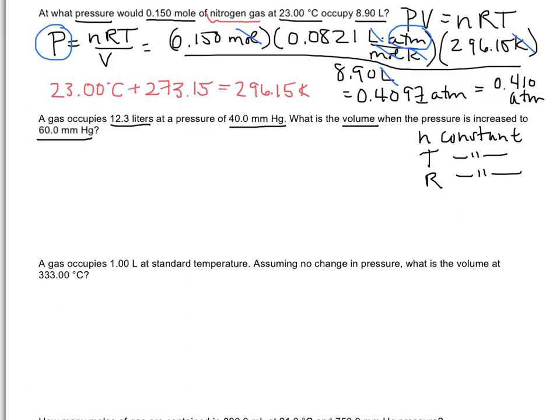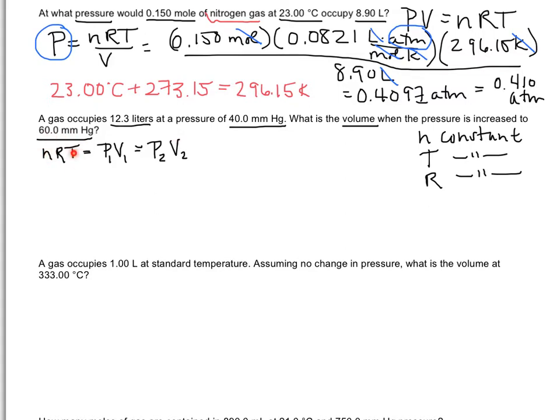And I'm just going to rearrange the ideal gas law here and write nRT over here, that's equal to pressure times volume. And since nRT is constant, the first pressure and the first volume must be equal to the second pressure times the second volume, because each pressure and volume multiplied together has to be equal to nRT.